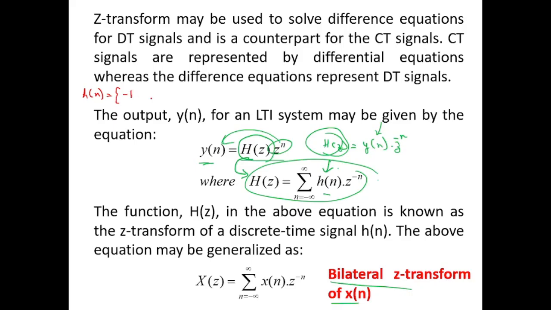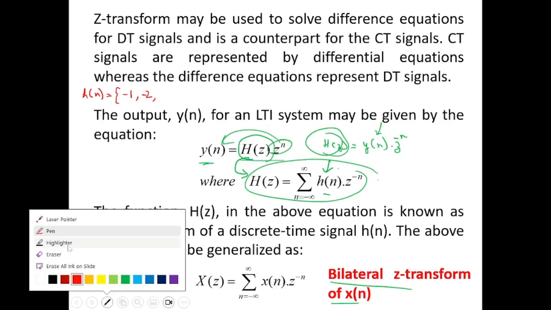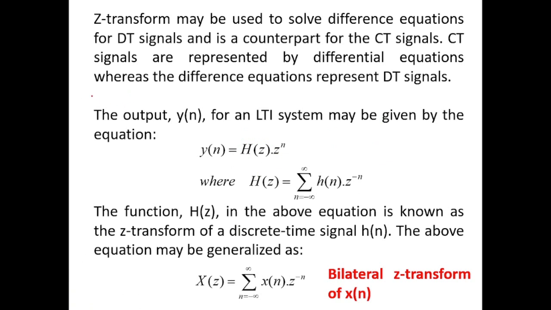It can happen at minus 1, minus 2 also, but I am taking the positive numbers 1, 2, 0, 1, 2. Say for example, at the initial stage, let us take h of n starting at 0, because that is true for the causal system.